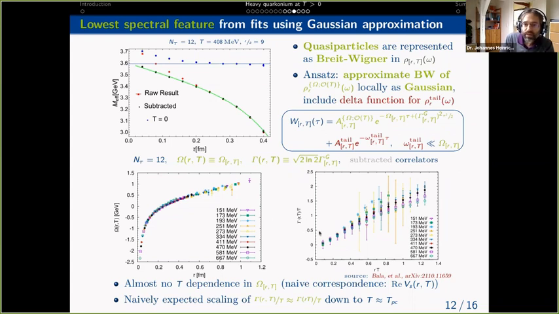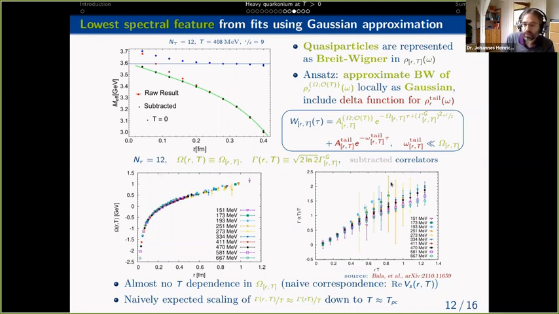If you look at the width, we have used a Gaussian here, so we have to rescale this width in order to make it comparable to the width of the Breit-Wigner. And you see that the width after dividing by temperature as a function of rT shows totally trivial naive scaling. So in these units, there is practically no temperature dependence left anymore.